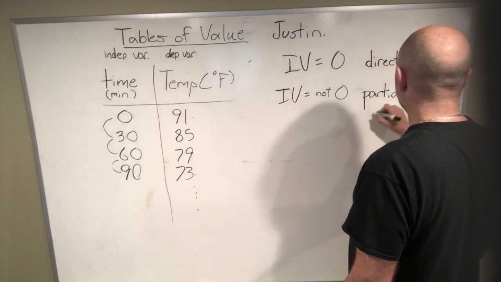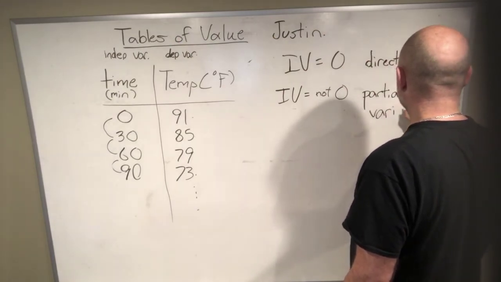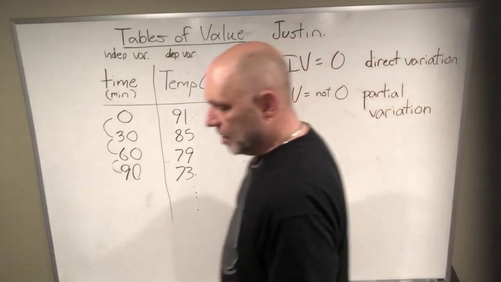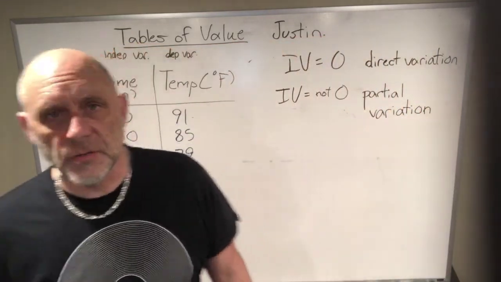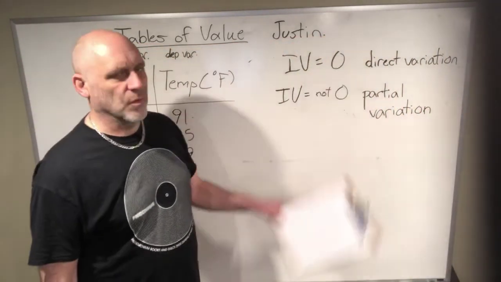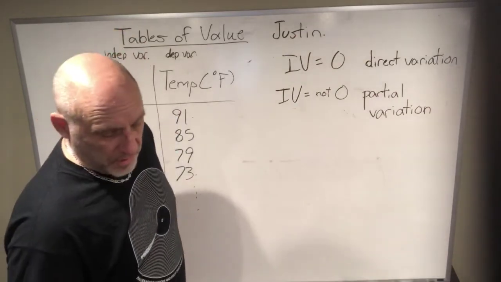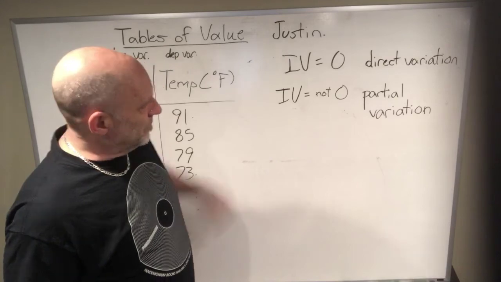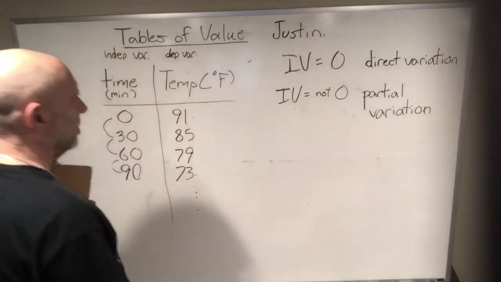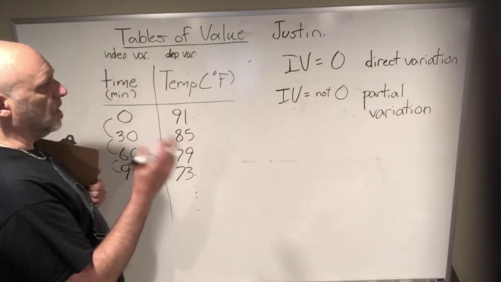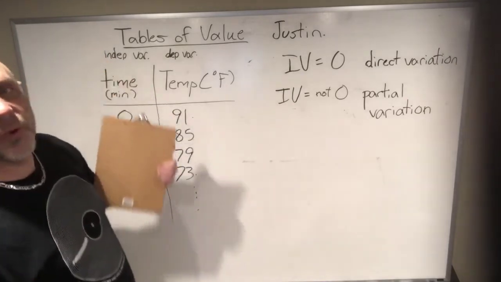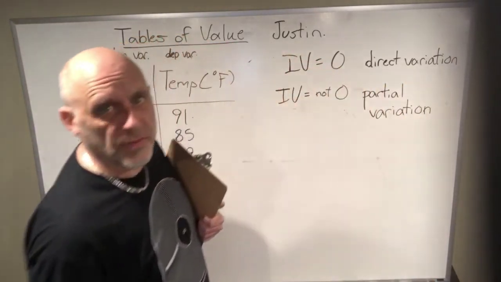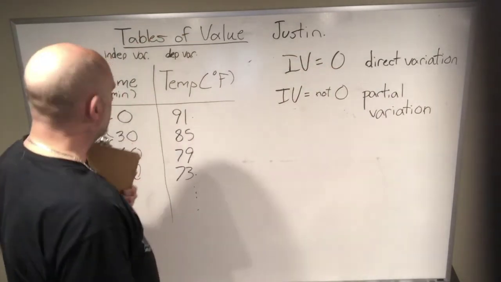Partial variation, direct variation, partial variation. There's always going to be a little bit of vocabulary with mathematics or any discipline, so that's it. 0 is direct. Anything other than 0 is partial variation. In the next video after this, I'm going to show you what that means in the graph.